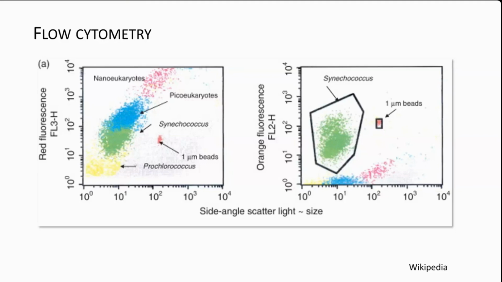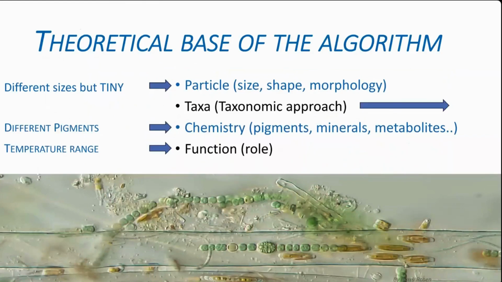So going back, if we want to use this idea of discriminating different types of phytoplankton to develop a theoretical base of the algorithm, we know that all of our little creatures that we want to pick up here are tiny, but they are different sizes. They do have different pigments.